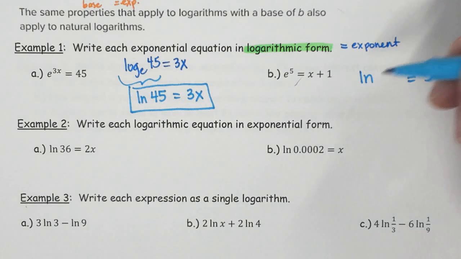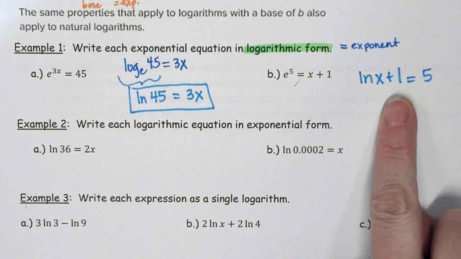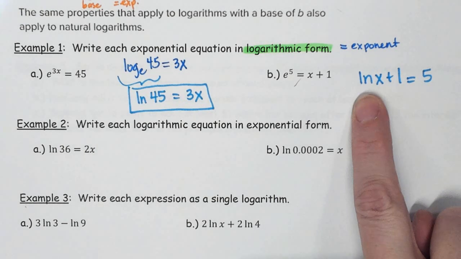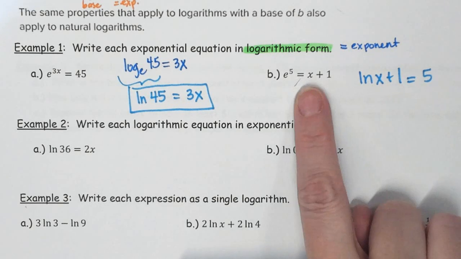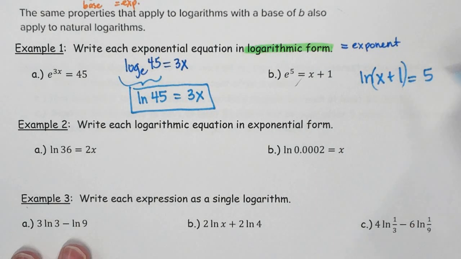This is where you have to be careful. You cannot write it like this. This is not correct yet. When you write it like this, the natural log is only applied to the x, but we have to apply the natural log to the x plus 1, which means this has to be in parentheses.